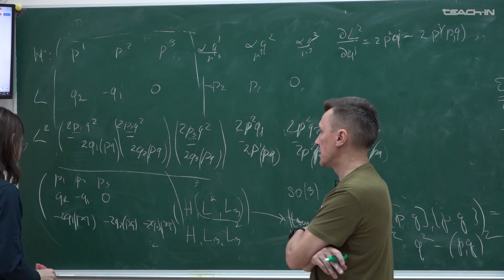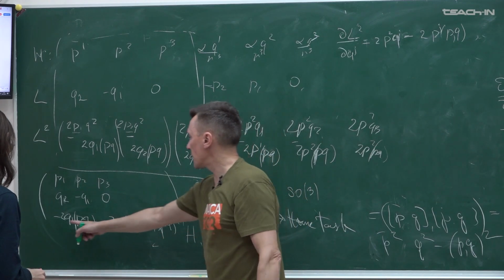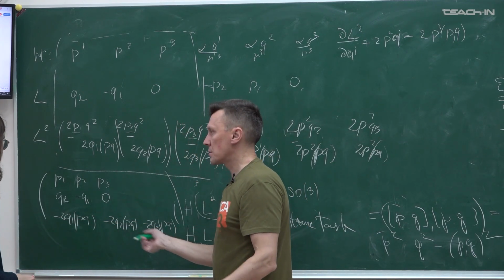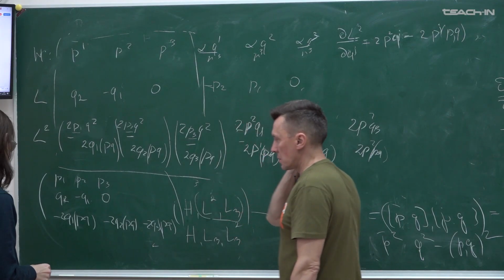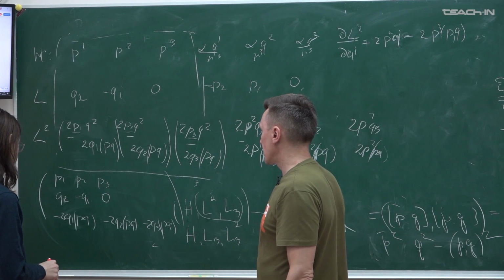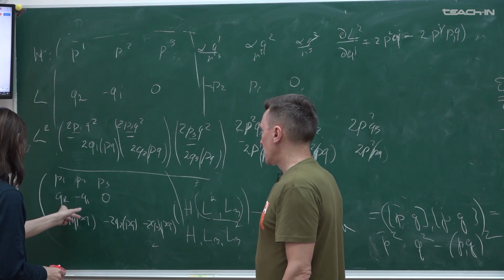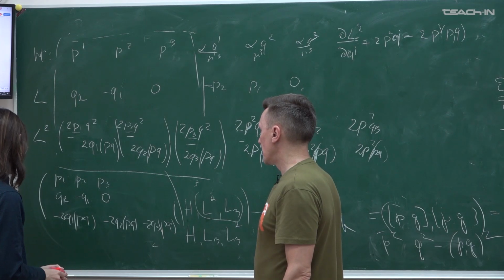What else? It is evident that this constant pq could be put in front of the matrix, and we are left with q2, q1 here.